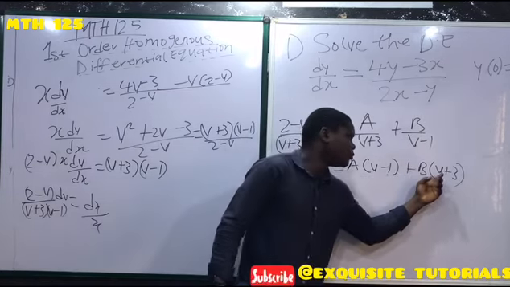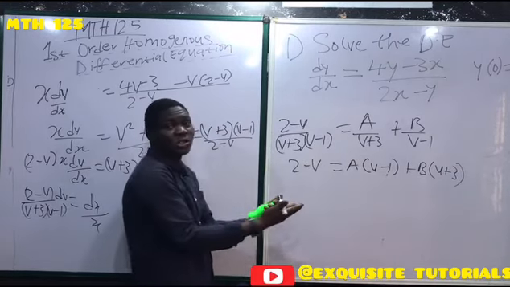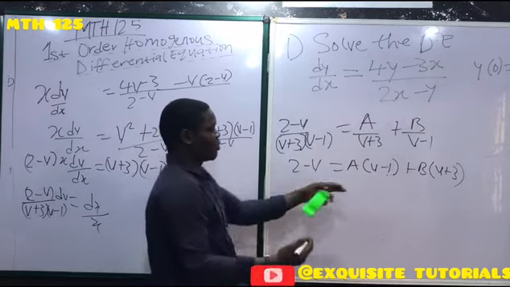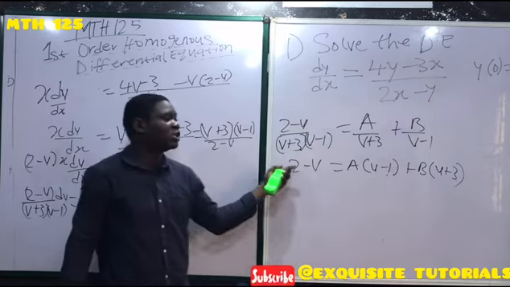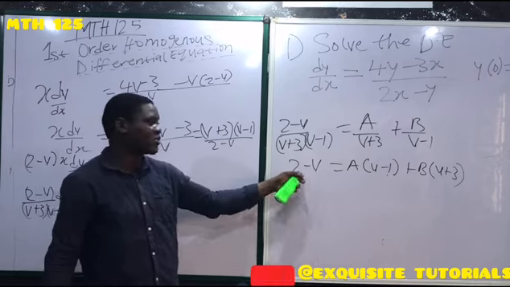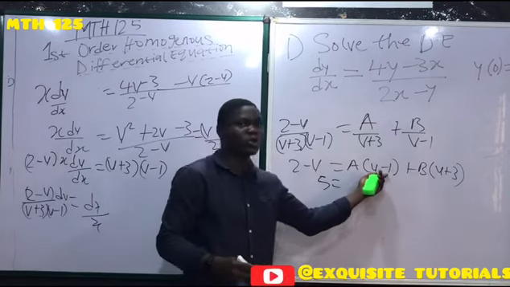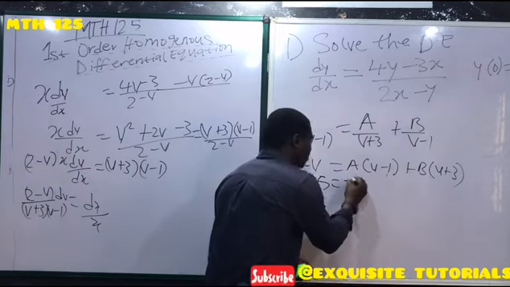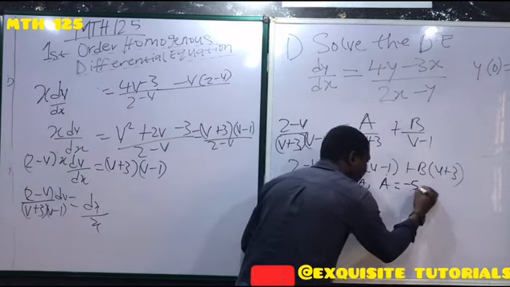So let v be minus 3. 2 minus minus 3 is 2 plus 3, that's 5. So we have 5 equals minus 3 minus 1, which is minus 4, so we have minus 4a. So our a becomes minus 5 over 4.